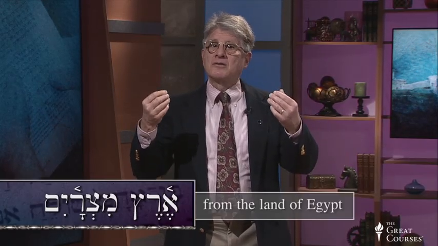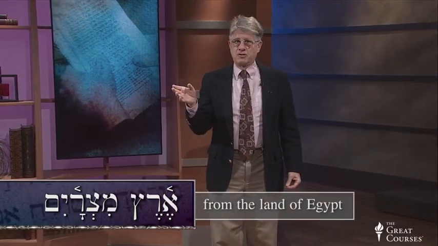Now, you may be thinking, if you are, God bless you, you may be thinking, what if the word after min begins with a letter that you can't put a dagesh in? Let's look at the phrase, from the land of Egypt. Remember that land, in that sense, is Eretz, the same word as earth. So the land of Egypt is Eretz Mitzrayim.